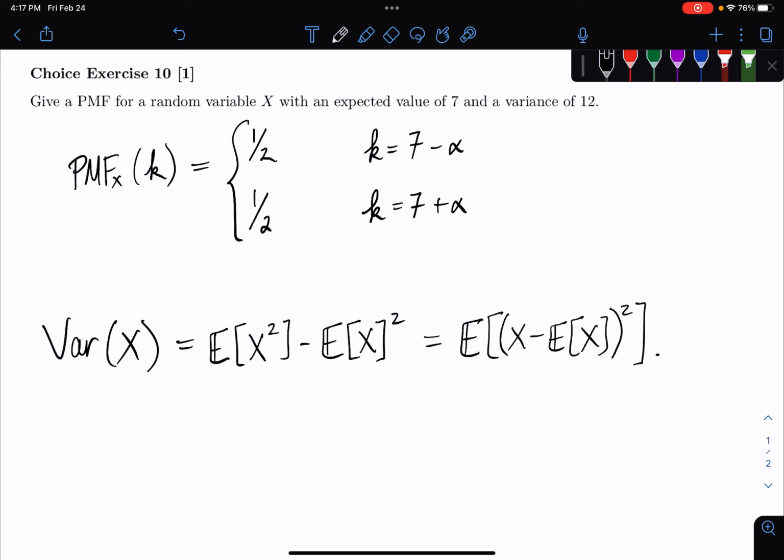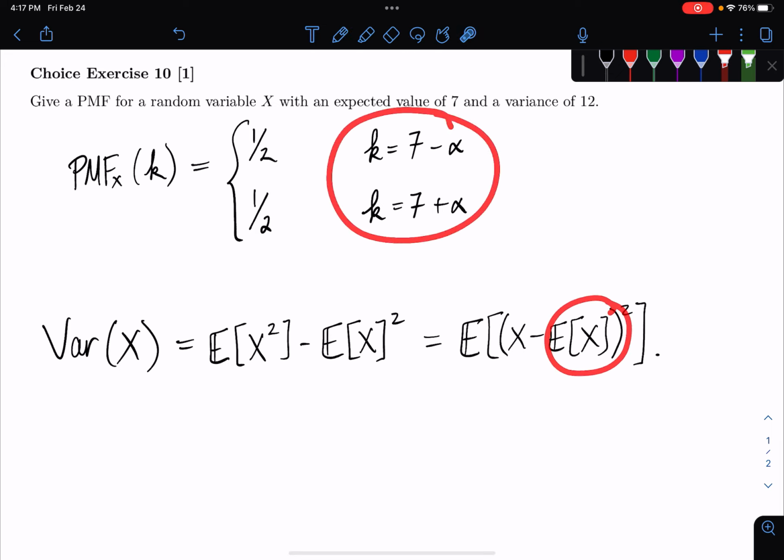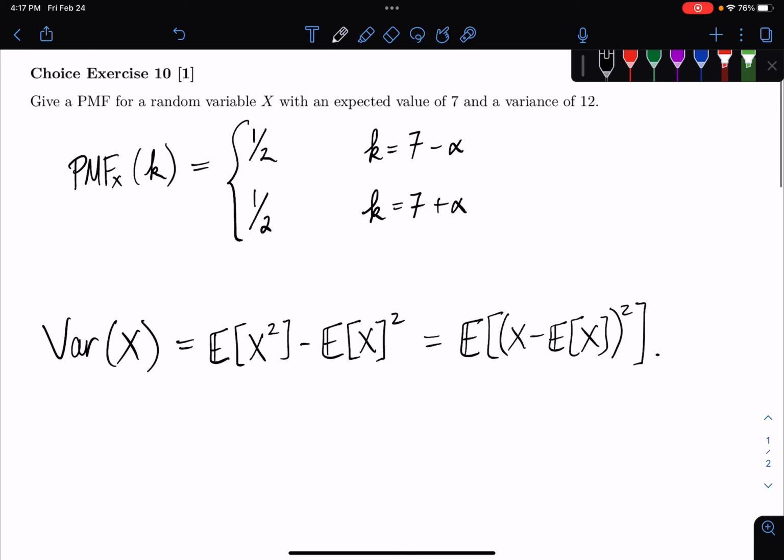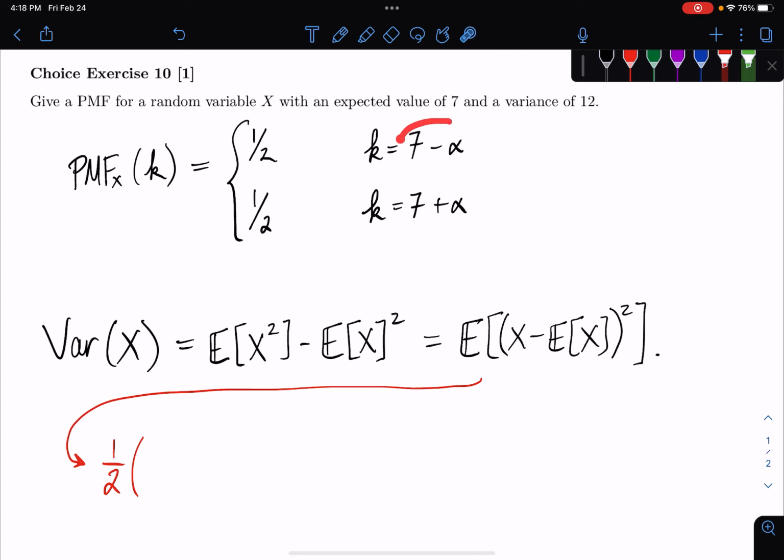Why do I want to do that? Well, that's because we know the expected value is 7. We've already constructed it that way. So here's this definition. That expected value is just going to be a weighted average: 1/2 times our value of x minus 7, squared.